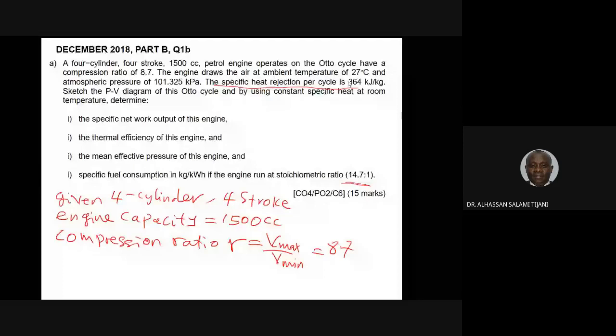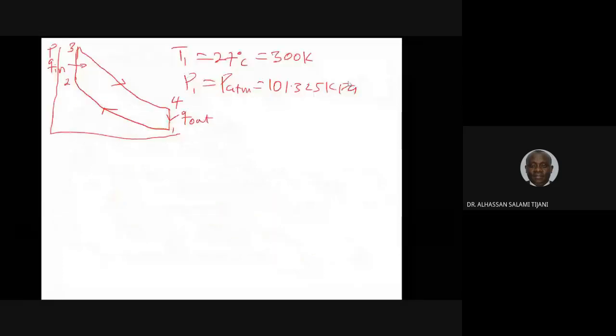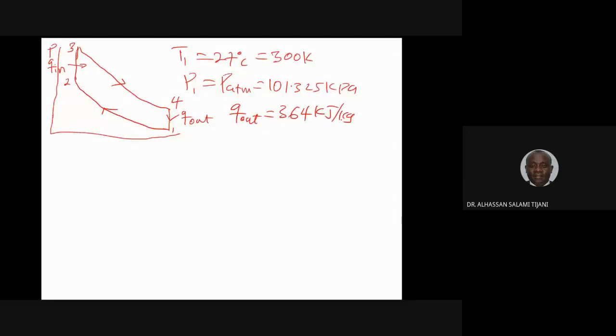So it means that Q out equals 364 kilojoules per kilogram.